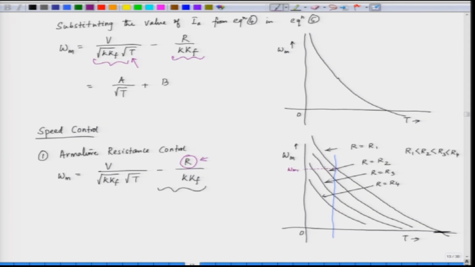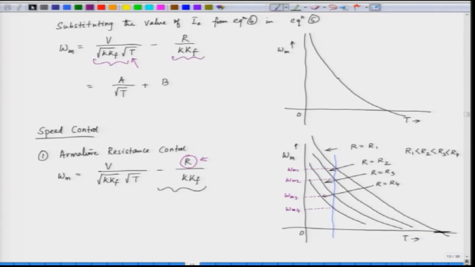Then for the second characteristic of the motor, when r equal to r 2, we have omega m 2. Then for the third characteristic omega m 3. For the fourth one, we have omega m 4, and this is how we get the speed control. Speed is changing as we are changing the resistance.